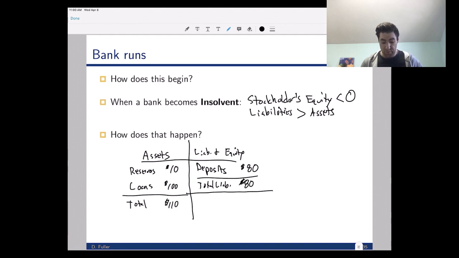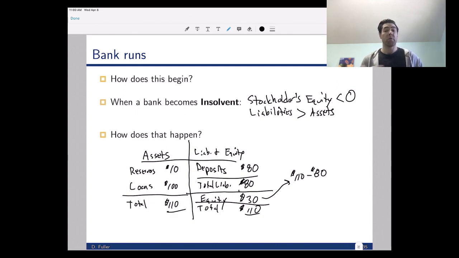The difference between total assets and liabilities is their equity, which is 30 million. 110 million minus the 80 million in liabilities gives me $30 million worth of stockholders' equity. That's how much the bank is worth. So the bank right now is solvent. I add up the total over here and I get 80 plus 30, or 110. Again, just a review that both sides of that balance sheet have to add up equally.